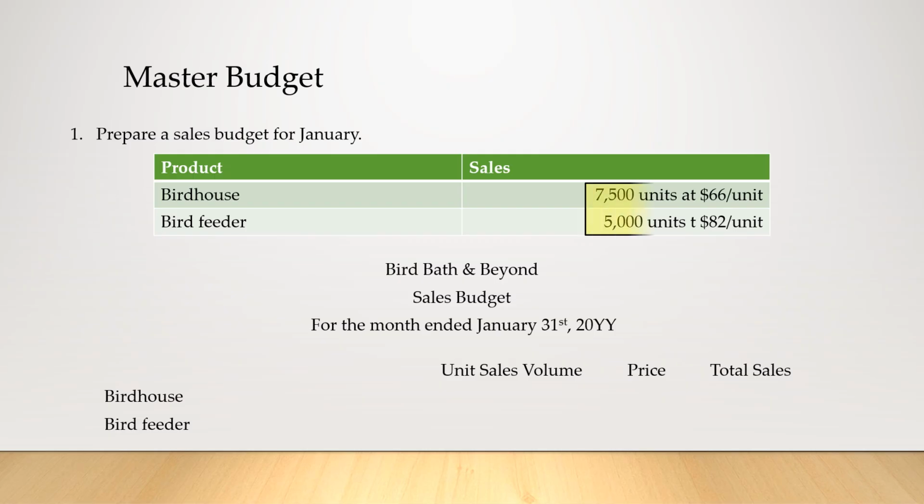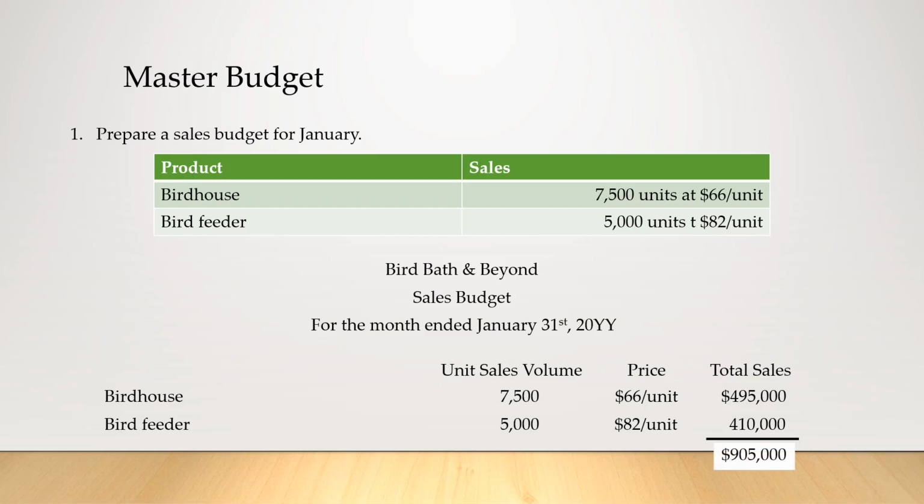We expect to sell 7,500 birdhouses at a sales price of $66 per unit and 5,000 bird feeders at $82 per unit. Multiply those numbers together, and we have budgeted birdhouse sales of $495,000 and budgeted feeder sales of $410,000, giving total budgeted sales of $905,000.